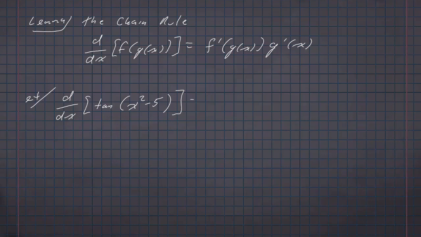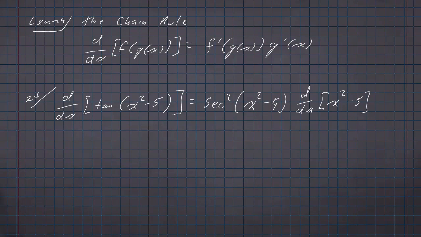The derivative of tangent is secant squared. And then I want to multiply that times the derivative of x squared minus 5. Derivative of x squared minus 5 using the power rule will be 2x minus 0. And I'll put that in front because that's how we normally treat things. And we get the derivative here is 2x times secant squared of x squared minus 5.